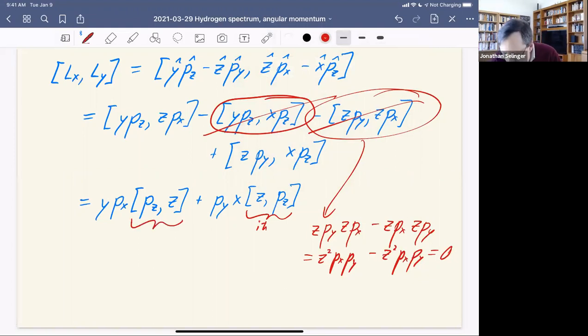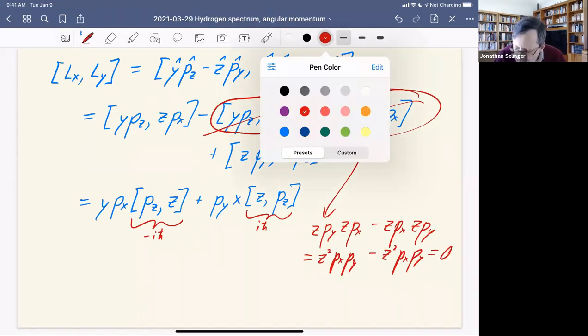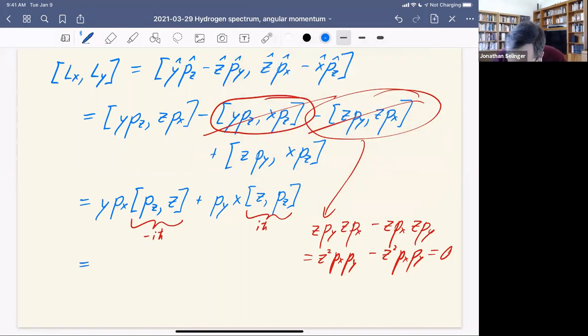The commutator of PZ with Z, that's the negative, so that's negative i h bar. So what we are left with, if we factor out the i h bar, because those are just numbers, and writing the second term first, is X PY minus Y PX.